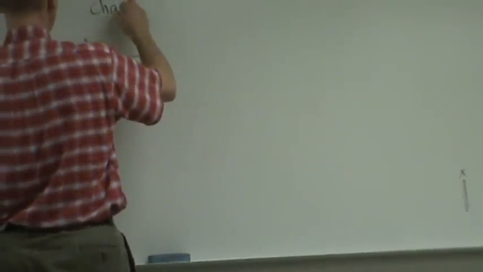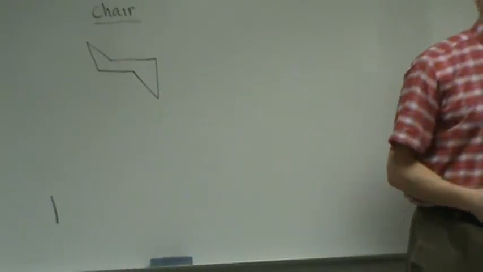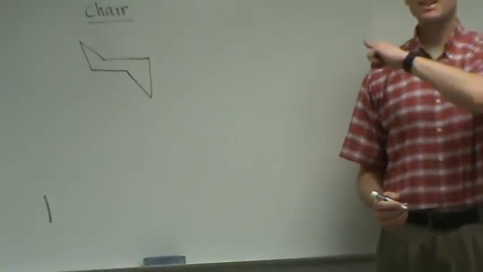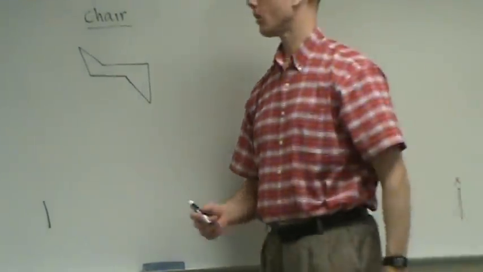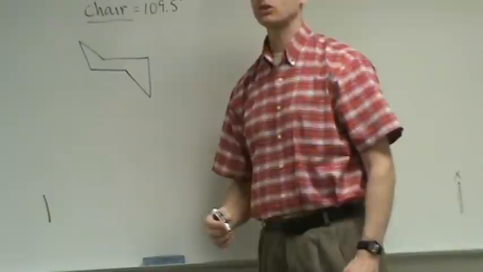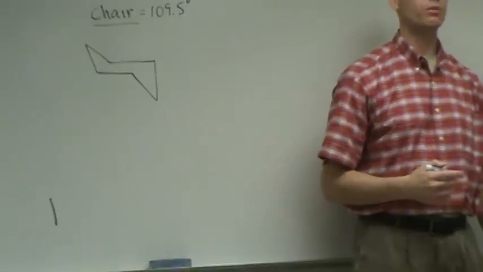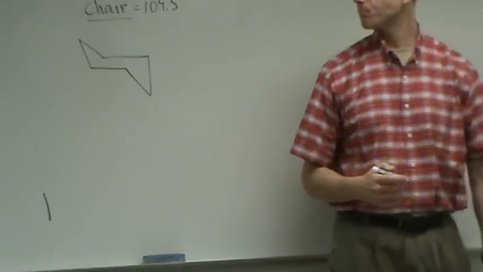So this is what's called the chair conformation for cyclohexane. When cyclohexane gets in this chair, all of the angles are 109.5. So that's one of the reasons why it adopts this chair conformation.